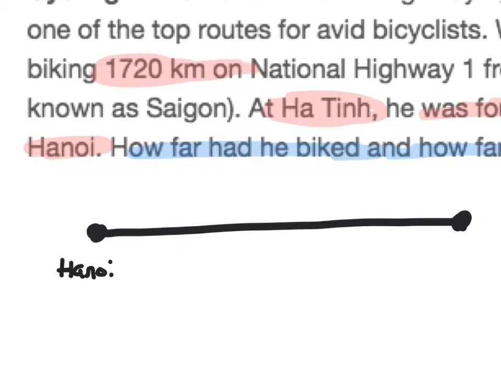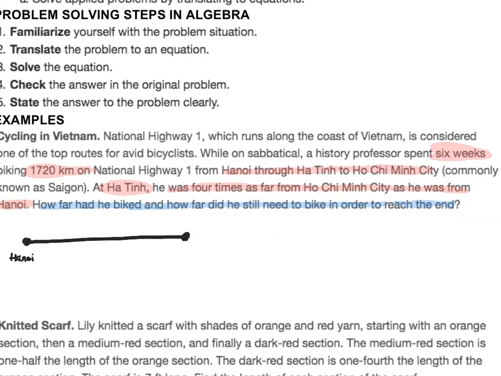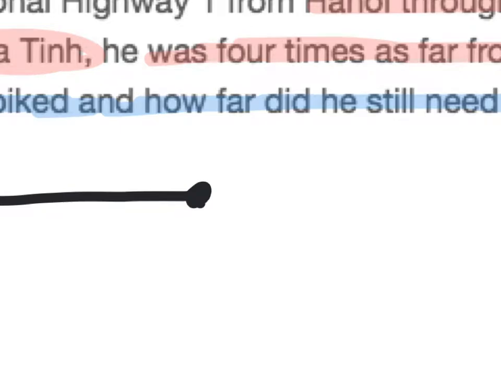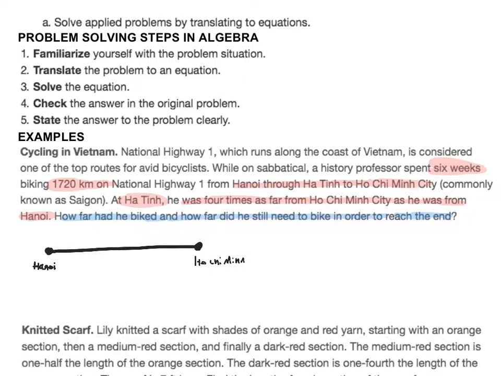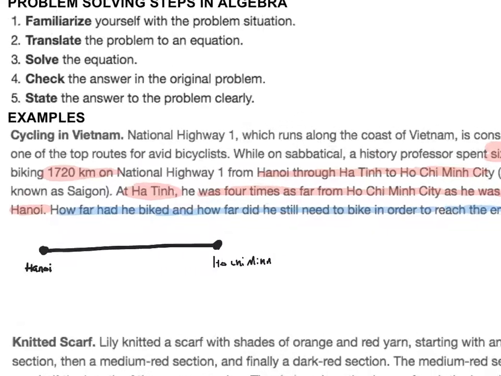Then the ending point is Ho Chi Minh City, and Ha Tin is somewhere in the middle.